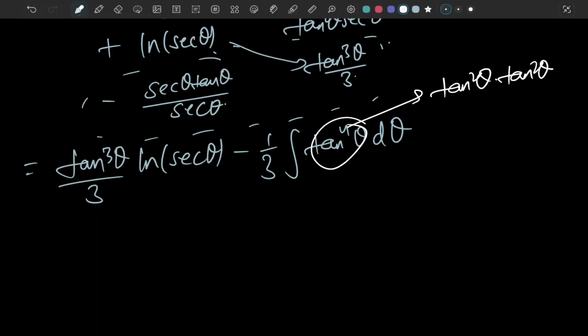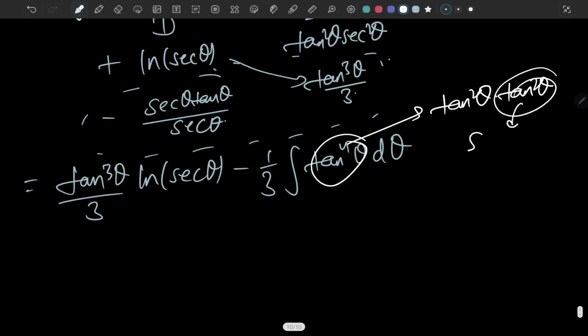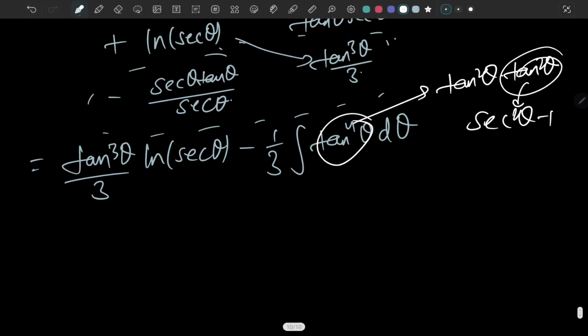Am I going to use secant square theta minus 1 in place of tangent square theta, or something else? Let's think about this. Okay, let's do that anyways. Let's replace one of these two things with secant square theta minus 1.